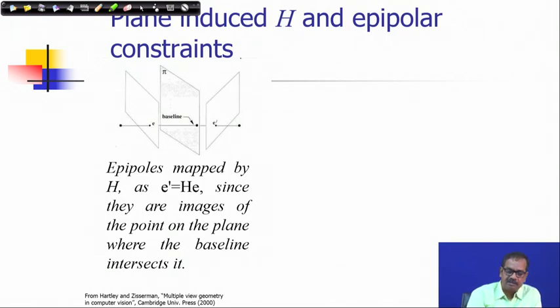You consider any plane, and if it is not parallel to the baseline, there is an intersection with respect to that plane. Once again, if for that plane there is a homography H, then E prime should be equal to H E for that plane induced homography.